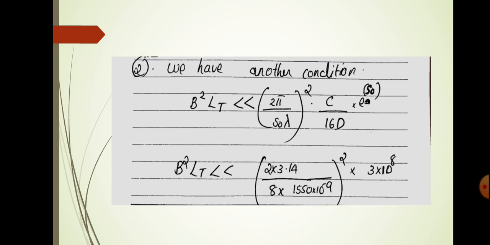So next we have to go for the condition, that is B square LT is very much less than (2 pi by S0 lambda) whole square into C by 16D into e raised to S0. This is another condition for the soliton link design.